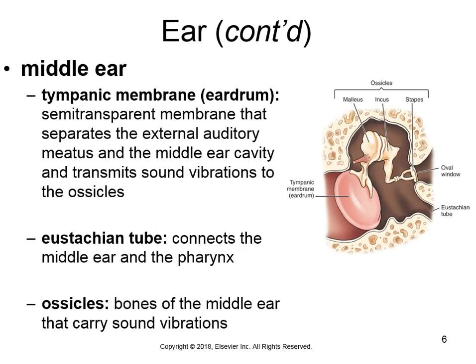As you can see, it's kind of blocked off on both sides. So if you get an infection, for example, pressure can build up. Also, another reason why, if you're on a plane, they tell you to chew gum, because that tube and the chewing of the gum kind of equalizes the pressure in your middle ear, so your ears don't pop. We'll get to a couple disorders where that drainage system is a problem.